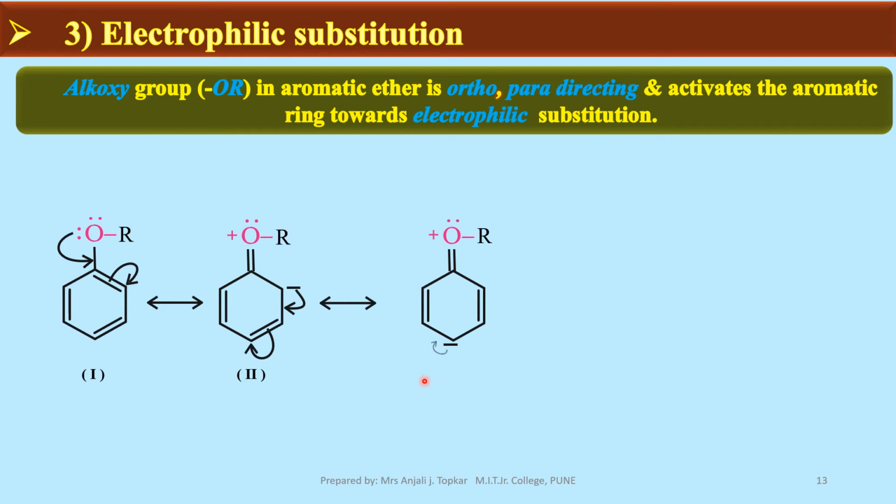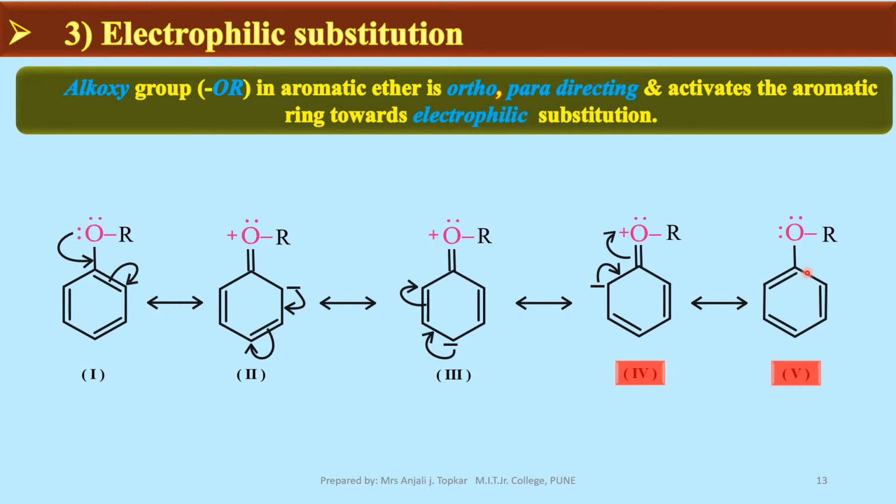Now this negative charge which is present on this fourth resonating structure moves here. As it moves here, the electron density on this carbon atom increases and this double bond breaks and the electron moves to the oxygen atom. Thus, here you will find there are two lone pairs on the oxygen atom, giving rise to fifth resonating structure. Thus we can see the negative charge is present on the ortho or para position of the aromatic ring.